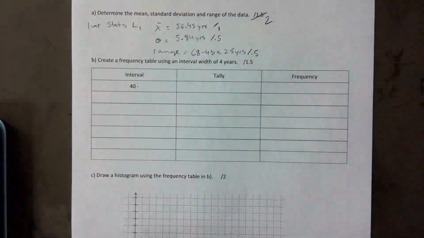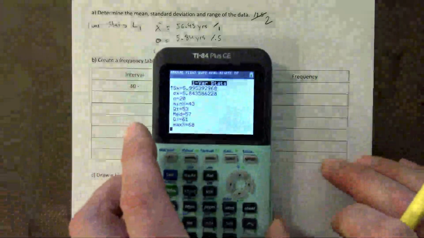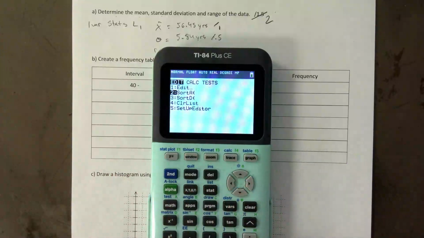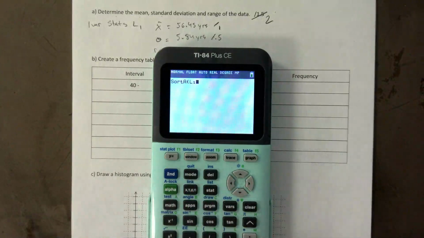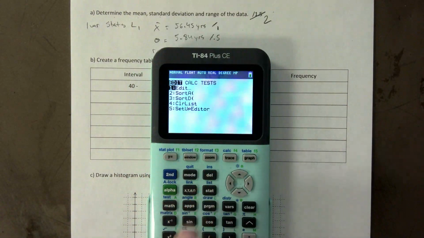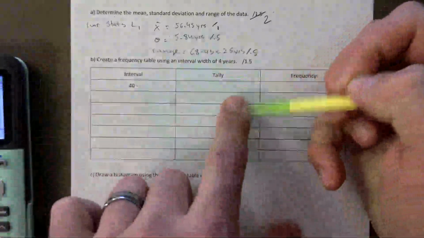For this interval, I'm just going to cut to the chase. I would feed it L1 and sort my data before I do anything, before I enter these values into the frequency table.